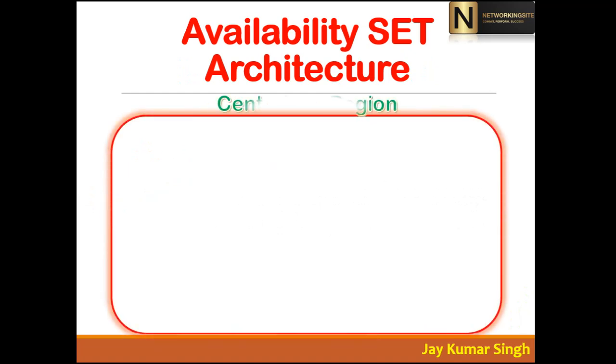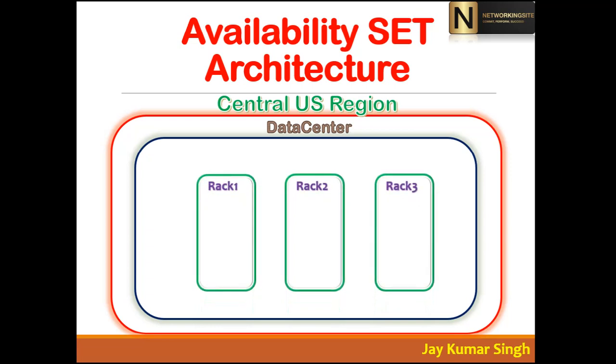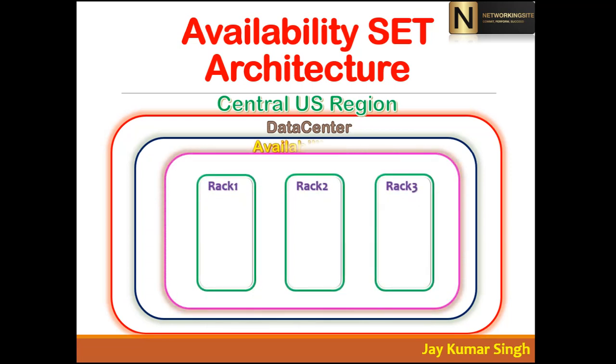so same here, availability set architecture, like after VM deployment, in the Central US region. Inside the Central US region you have a data center. Inside the data center you have racks. Okay, the collection of multiple racks is known as an availability set, and a single rack will be part of your fault domain.